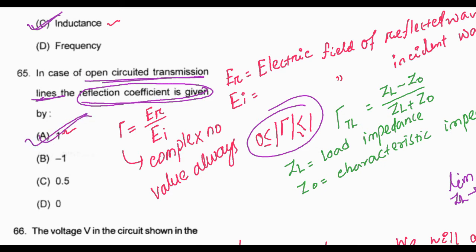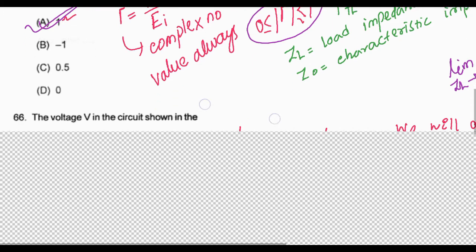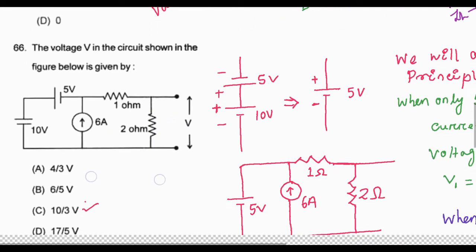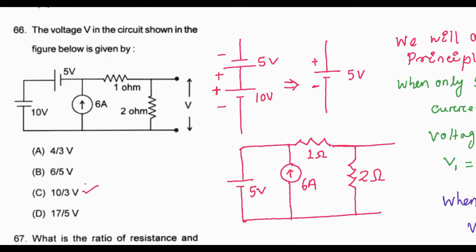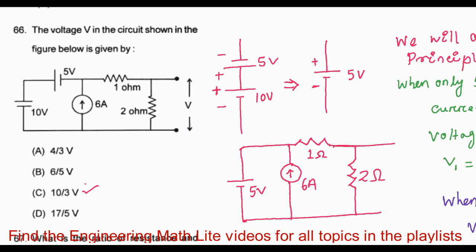Answer will be 1. Next question is, the voltage V in the circuit shown in the figure below is given by. So here voltage is asked, we have to find out what is the voltage here. First thing here, two voltage sources are given in series, so we have to convert them to one source.